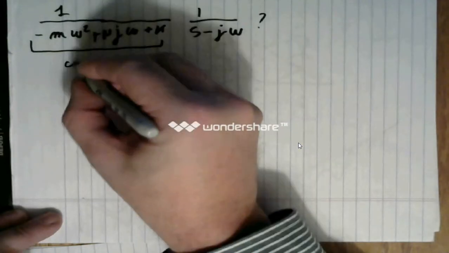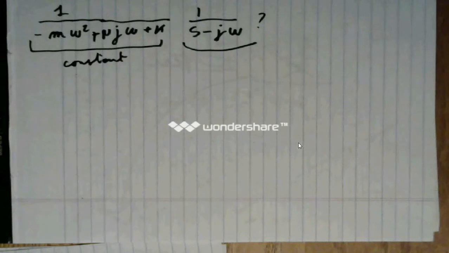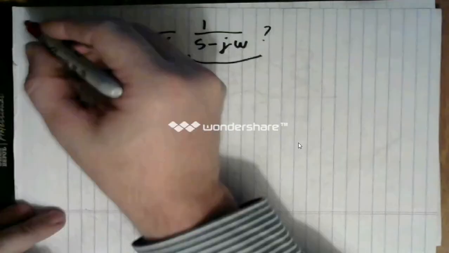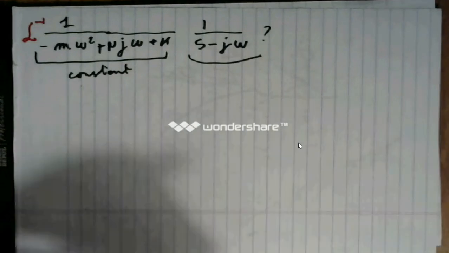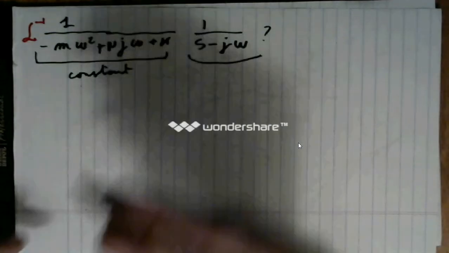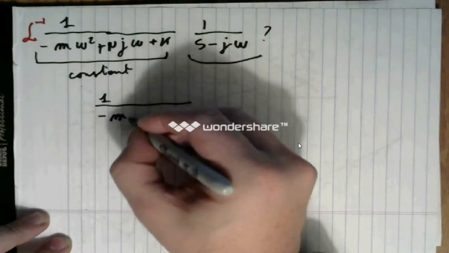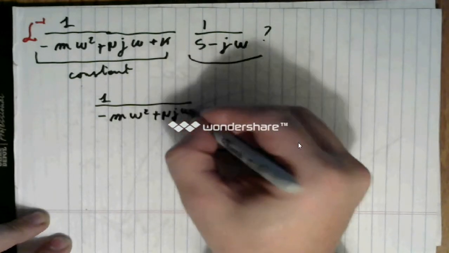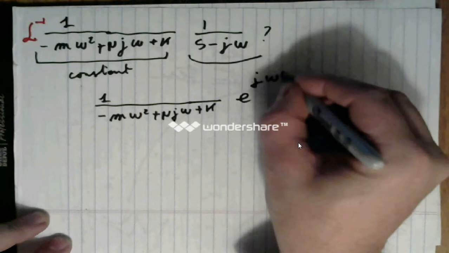Well, it is a constant factor times a sinusoid, meaning that if we take the inverse Laplace transform of this guy, we obtain 1 over minus m omega squared plus mu j omega plus k times e to the j omega t.